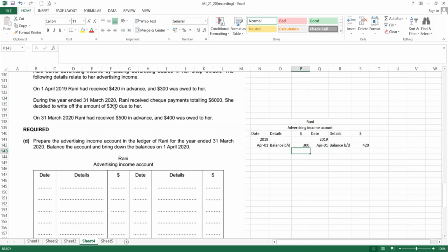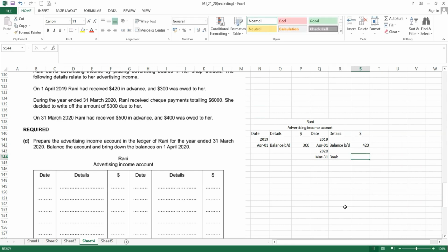During the year end, 31st March 2020, Rani received check payments totaling 6,000. She decided to write off the amount of 300 owed to her. That means this amount becomes an irrecoverable debt. And at this year end, 31st March 2020, she received a check, which means debit bank, credit advertising income.